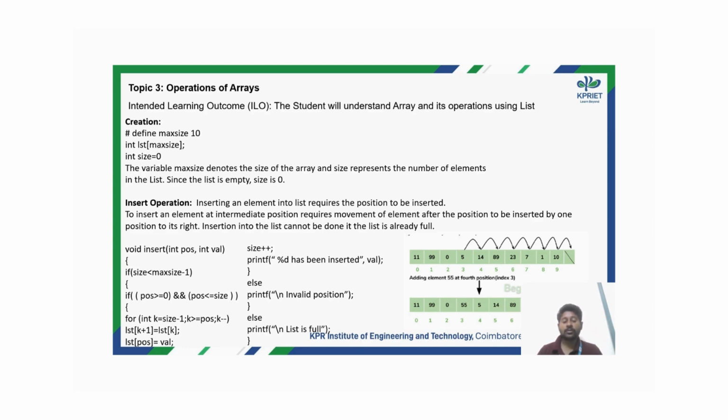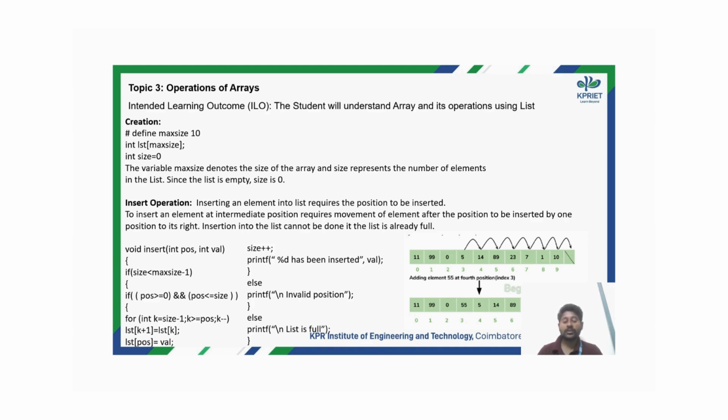So the position should be greater than or equal to 0, and the position should be less than or equal to size, because size is the total number of elements. If the position satisfies these two conditions, then you go for the for loop.